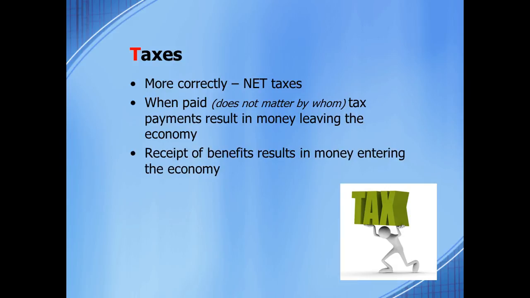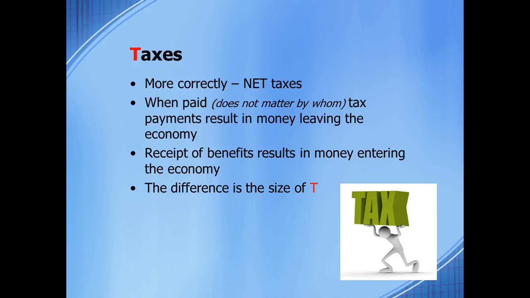People who are in receipt of benefits receive this money from the tax, so receipts of benefits result in money entering back into the economy. The difference is the size of T, the net tax: the money which someone pays in tax less the money which people receive in benefits.